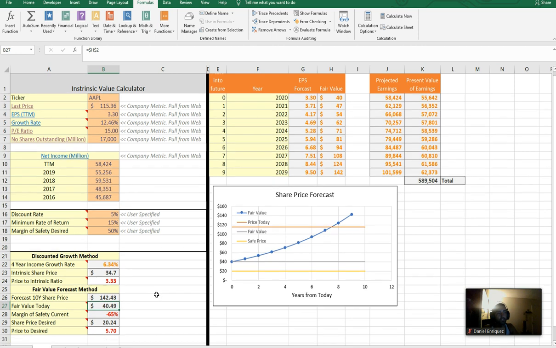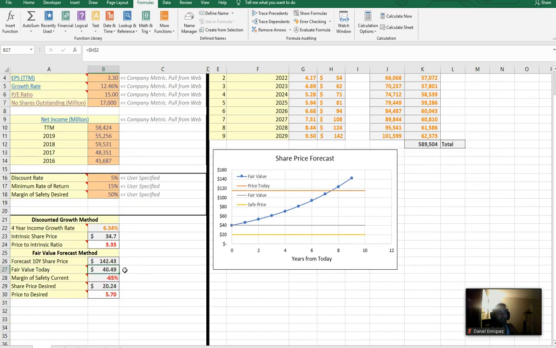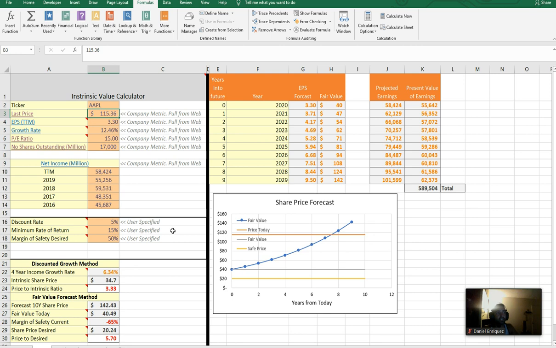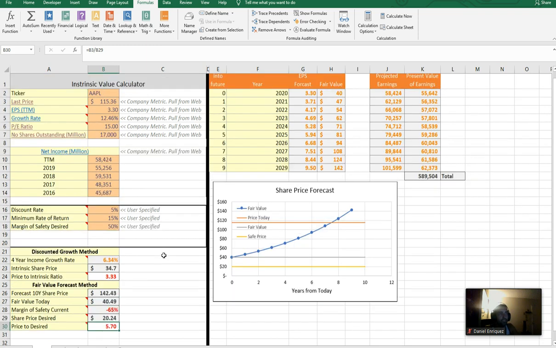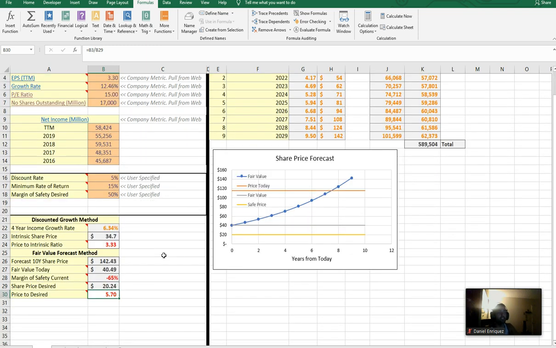So if you use that, the fair value today of Apple is $40, giving us a margin of safety of negative 65% compared to its current price of $115. And if we really wanted to buy this stock with our 50% margin, we'd actually want it to be $20. So it's trading upwards of 5.7 times what we want this stock at.